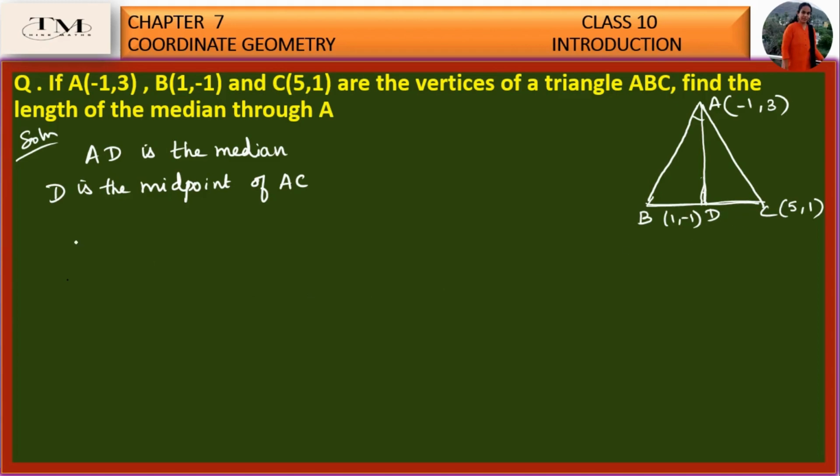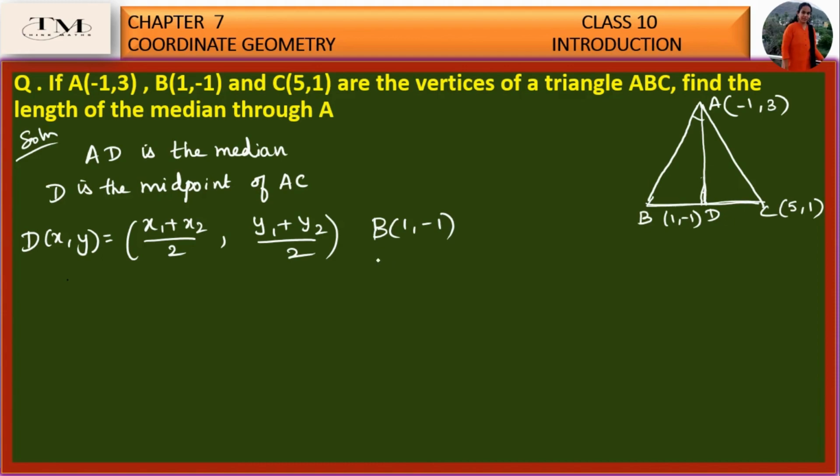So what is the section formula? D of x comma y is nothing but x1 plus x2 by 2. That is, add the x coordinates and divide by 2 and add the y coordinates and divide by 2. So where is D? So B is at 1 comma minus 1, I'm sorry, 1 comma minus 1 and C at 5 comma 1.